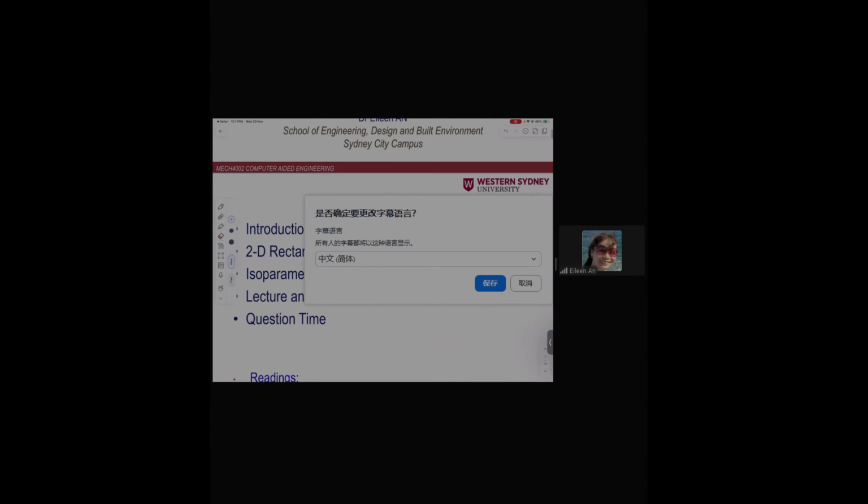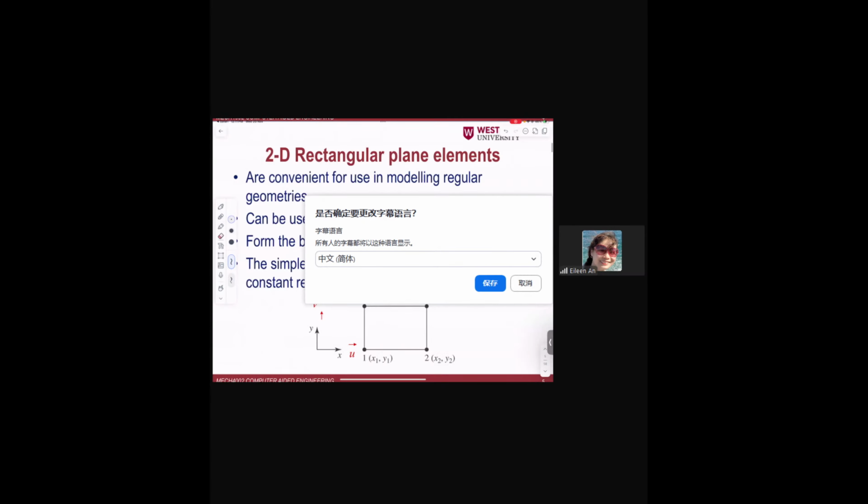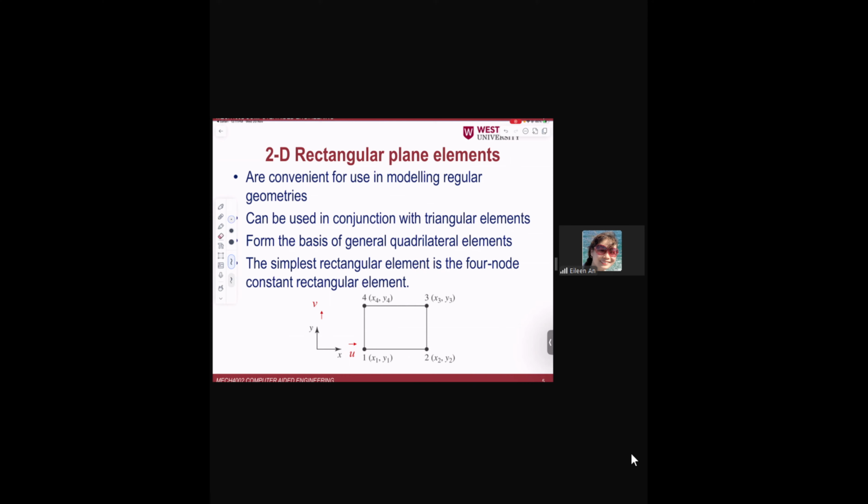The most commonly used 2D element is actually the quadrilateral shape or the rectangular element. Why are rectangular elements more commonly used than triangle ones? Okay, think about it.